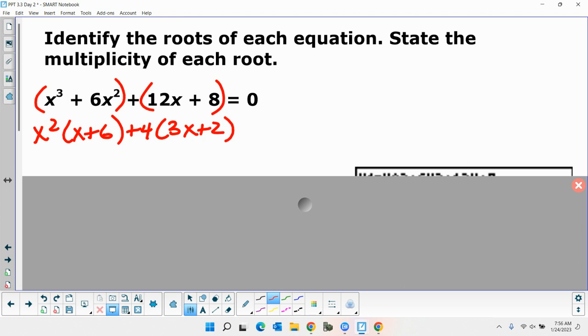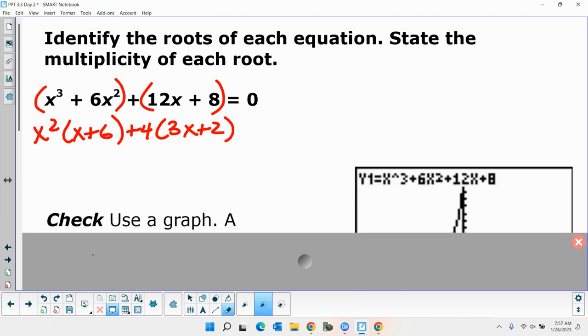Are these the same? x plus 6 and 3x plus 2? So it doesn't work out nice as far as grouping. So I would check quick. But usually if it says identify the roots of each equation and state the multiplicity, it's probably one that doesn't factor. But I would check real quick. Once you get to here and see that, don't worry about it. Then just put it in our calculator.